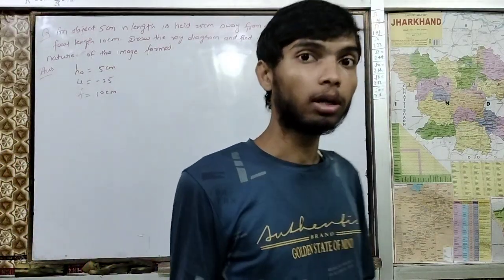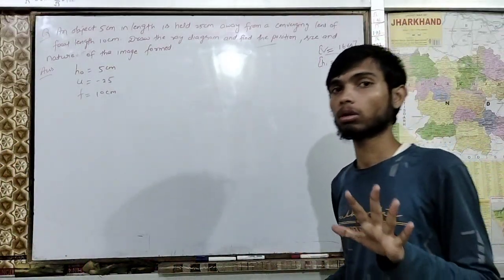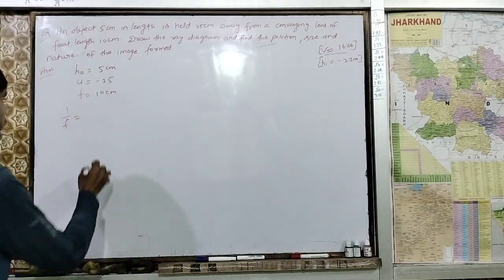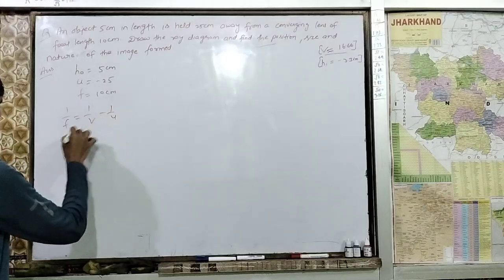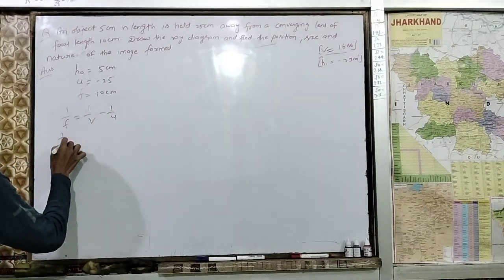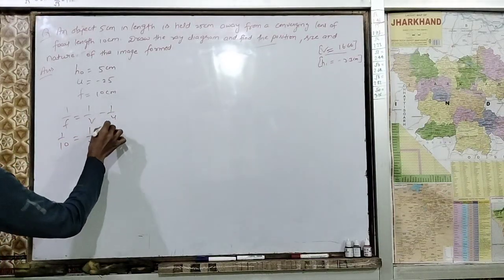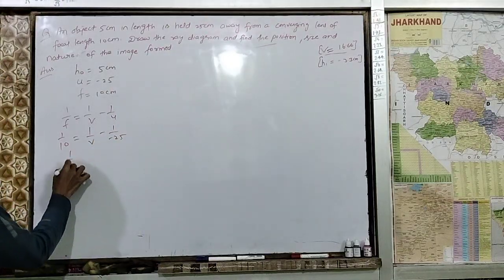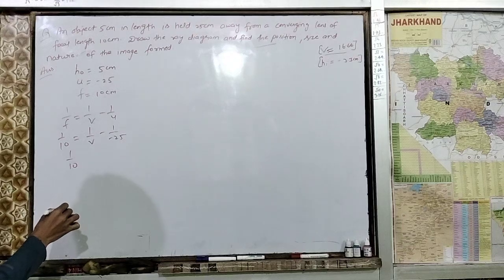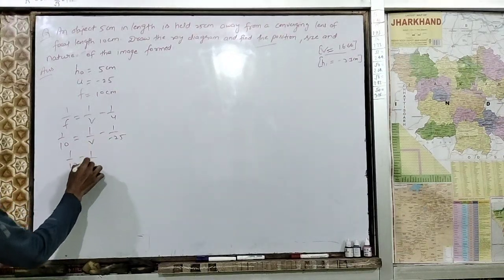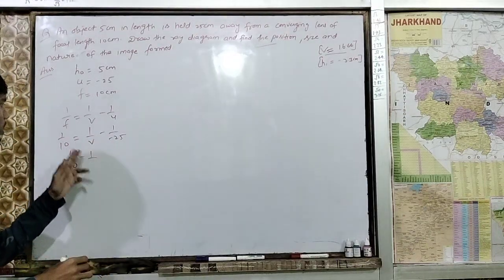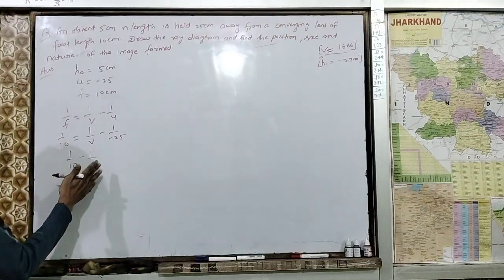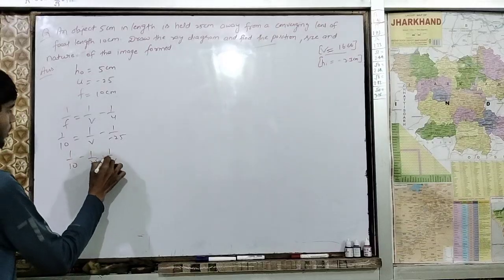Let's find v with the help of the lens formula: 1 upon f is equal to 1 upon v minus 1 upon u. So f is given, which is 10 centimeter. v is not given. u is also given. So 1 upon 10, and when we shift this to the other side, the fraction becomes negative. So 1 upon 10 plus 1 upon 25 is equal to 1 upon v.